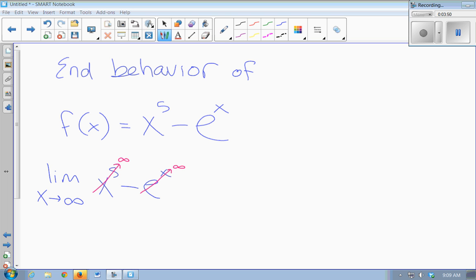So what do we think is going to happen here? So something big minus something much bigger. It's going to work its way towards negative infinity, I think. I think it's negative infinity. But if you have any doubt at all, we can look at a graph of this thing and try to find its end behavior that way.